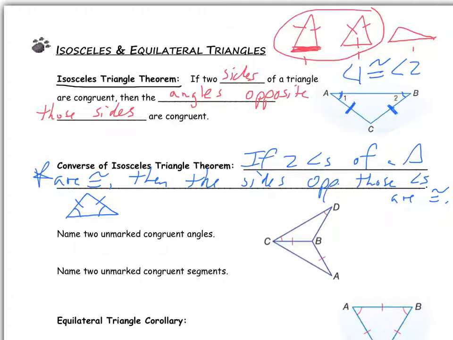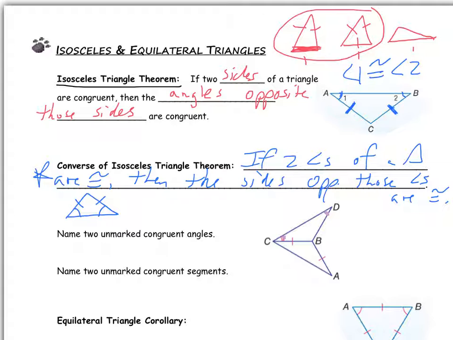All right, so let's look at this diagram and try to find two unmarked congruent angles. Now we have two that are marked. This angle and this angle are congruent. Those are marked. Let me use a different color. Okay, this angle and this angle are congruent. Unmarked, we have basically two triangles.